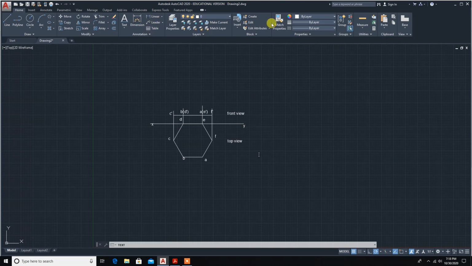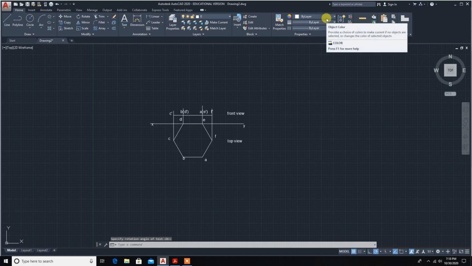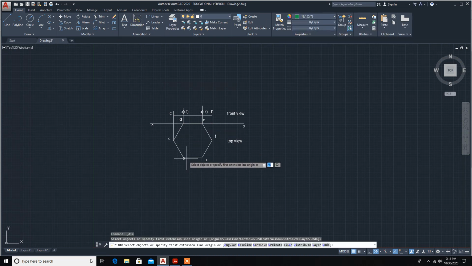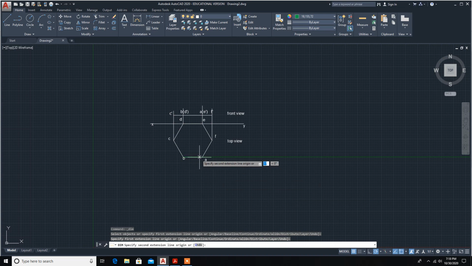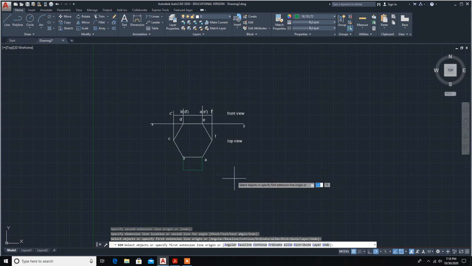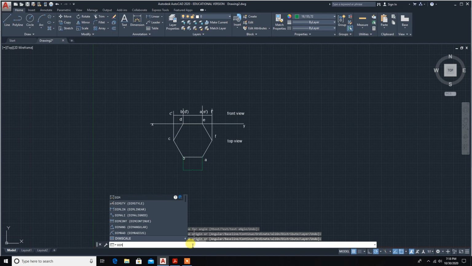Now dimensioning. It is not visible. Again, dim style.